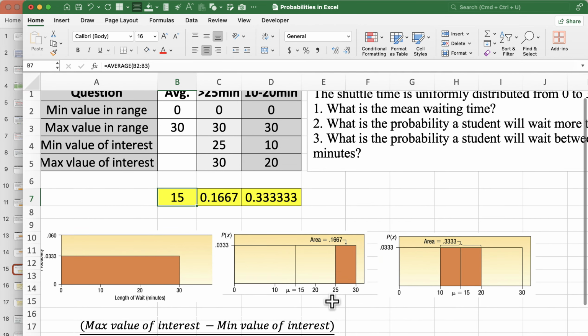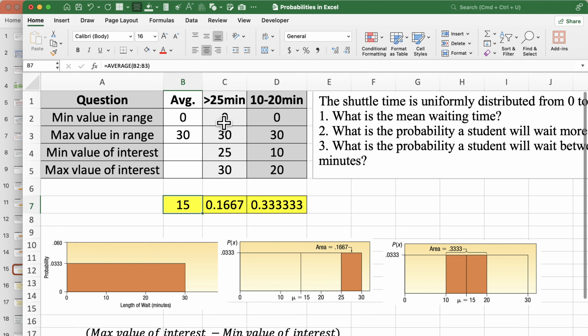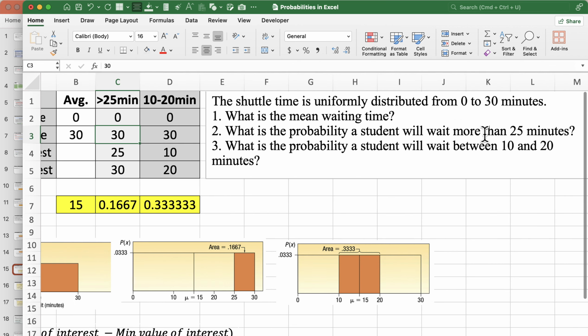So this one, 25. I'm using here this formula whereby minimum value in the range and maximum value in the range and minimum value of interest and maximum value of interest. So we know that our minimum is 0, as you can see here 0, and maximum value is 30, that's a maximum, and the minimum value of our interest, in this case we want to calculate the probability that it will take more than 25 minutes.